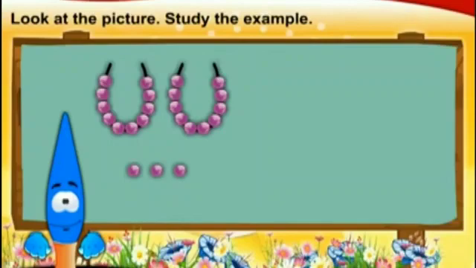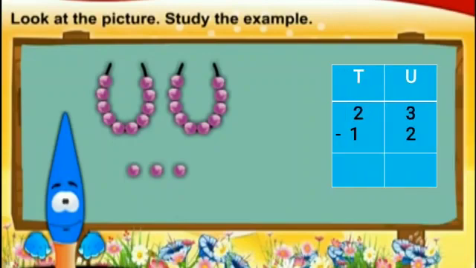Now here there are two strings given and three bits given. In each string there are 10 bits, so we call them tens, and there are single bits given, we call them units. Now we can place them in a box.